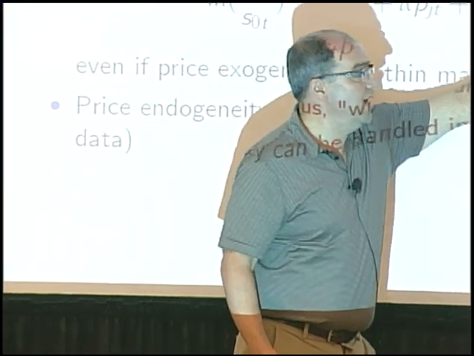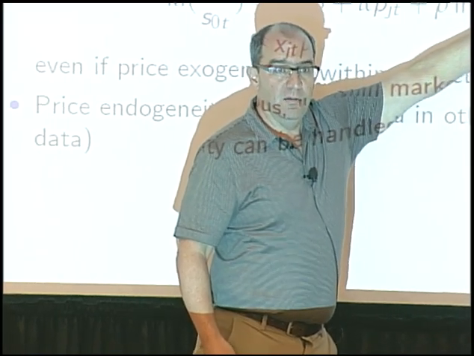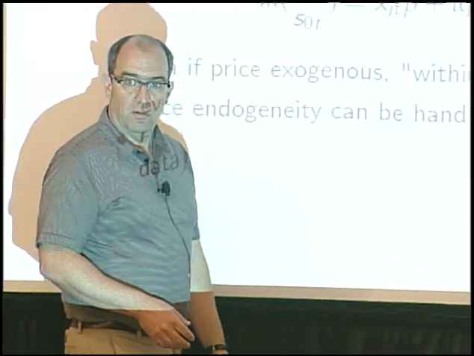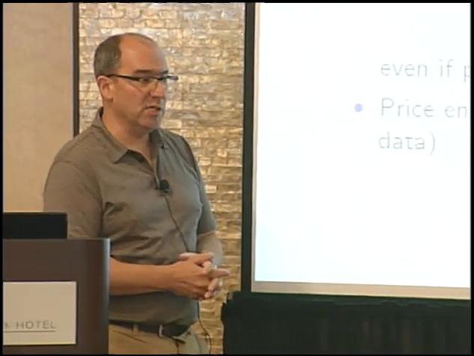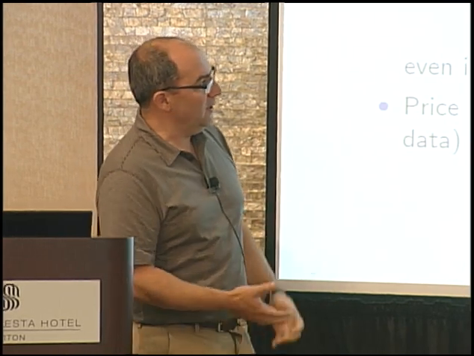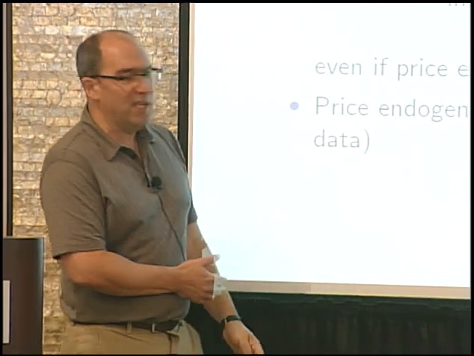If you get a high psi, it's going to impact your share within the segment. Unless it's a very, very special case, in general it's going to impact it. So it's a correlation that we really can't get away from.